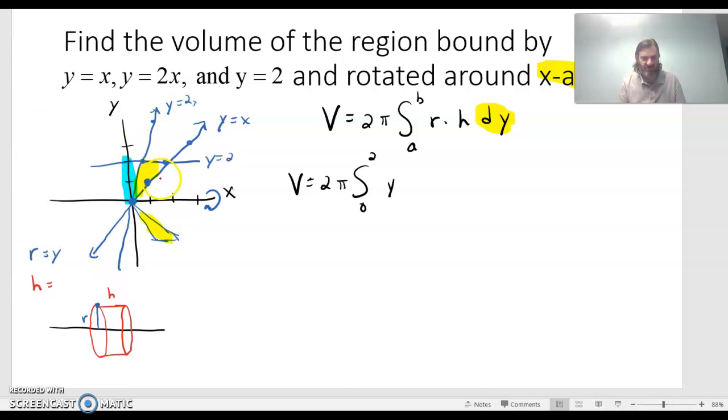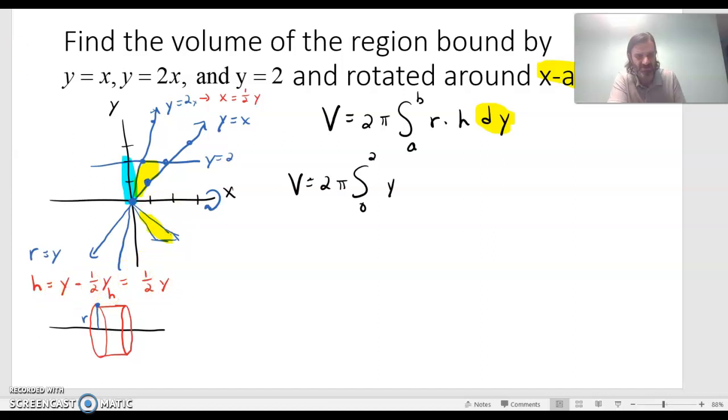We have to make sure we write it in terms of y. The far line is y equals x, so x equals y. The other one is y equals 2x, so we need x by itself: x equals 1/2 y. We subtract the closer one, so that height will be y minus 1/2 y, or 1/2 y.